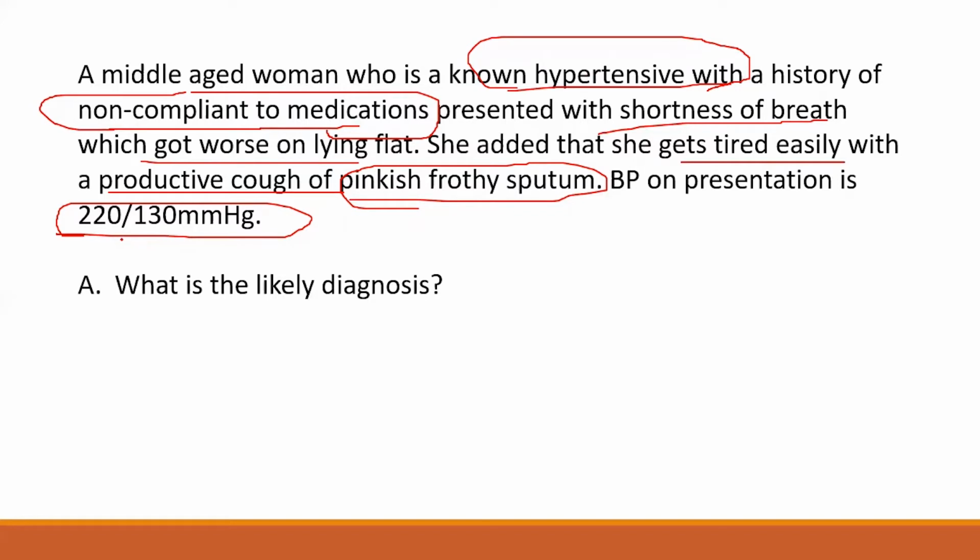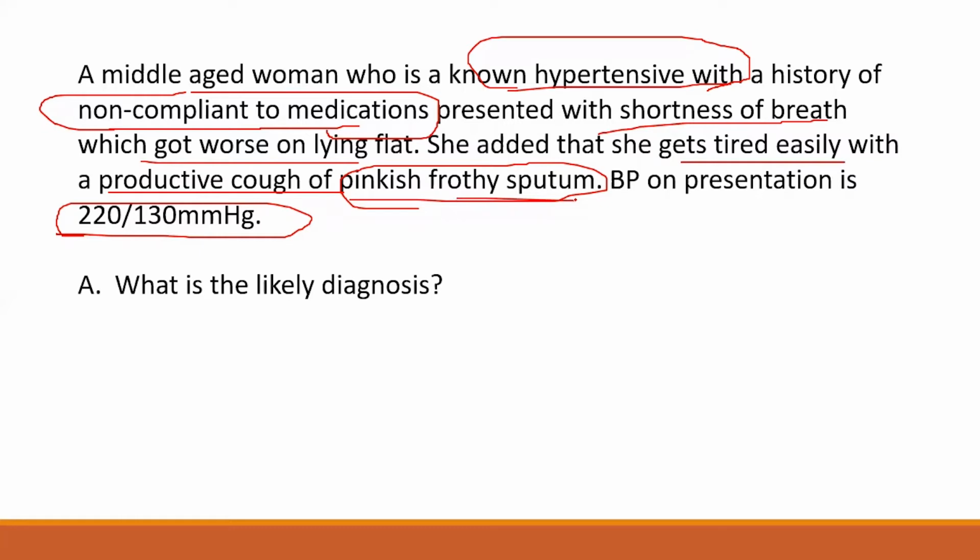And again, I was talking about the productive cough of this nature. Now, if the left heart is failing or has failed, it means the blood inside the lungs is not going into the left side of the heart to be pumped out of the body. So everything is congested because the left heart, which is supposed to pump, has failed or is failing.